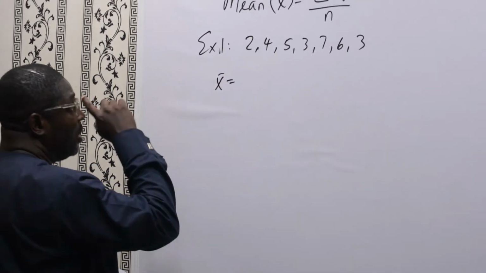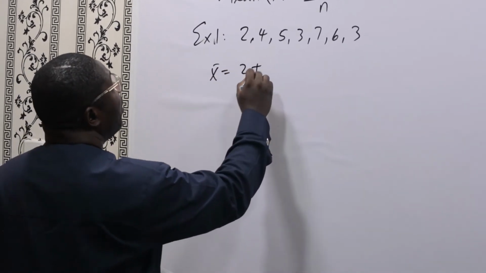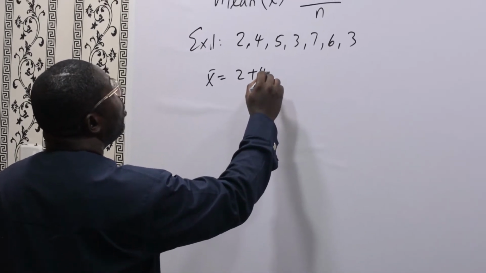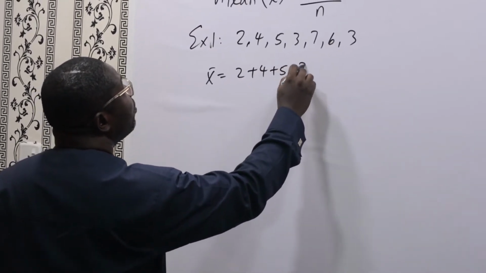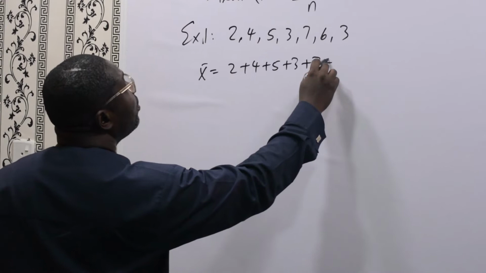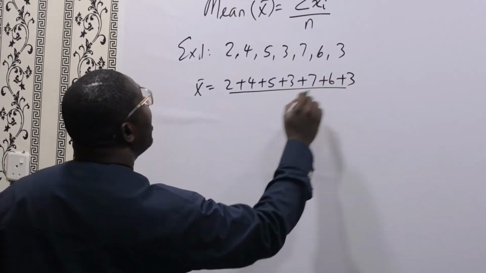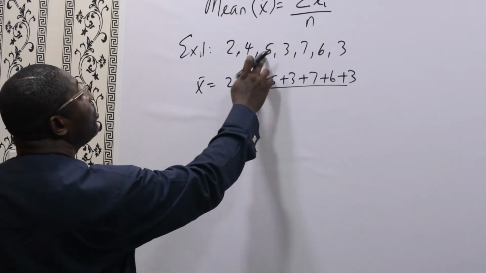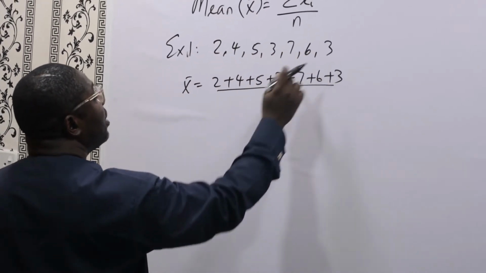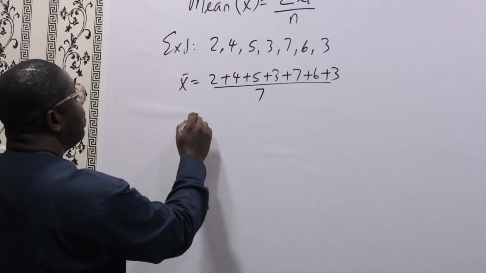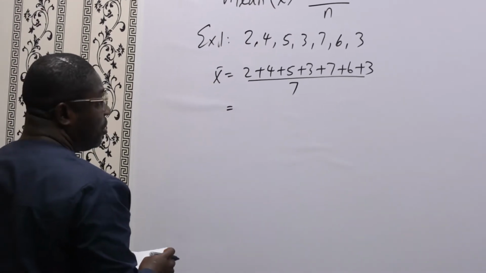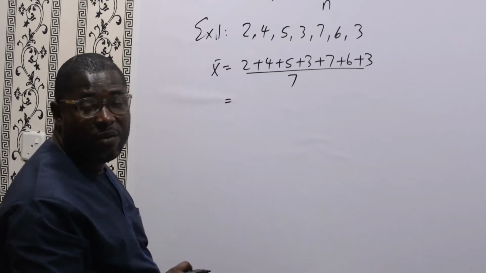To find the mean of the distribution, we add these values up: 2 plus 4 plus 5 plus 3 plus 7 plus 6 plus 3. And we divide by how many? 1, 2, 3, 4, 5, 6, 7. We divide by 7. Can you do this with me wherever you are?